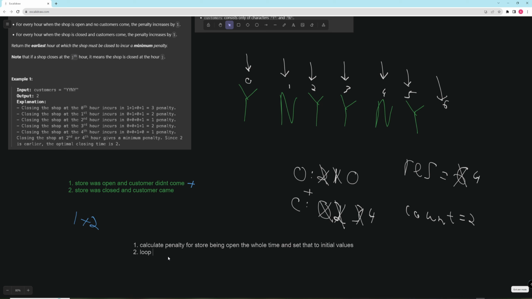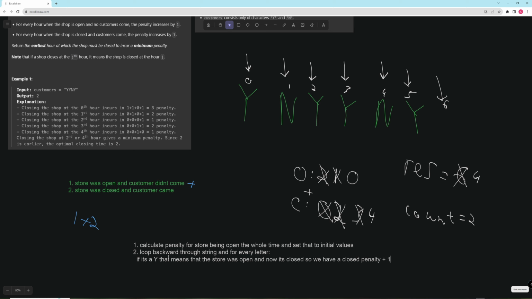Number 2, loop backward through string, and for every letter, if it's a Y, that means that the store was open and now it's closed. So we have a closed penalty +1, right? If it's a Y, the store was open and now it's closed.